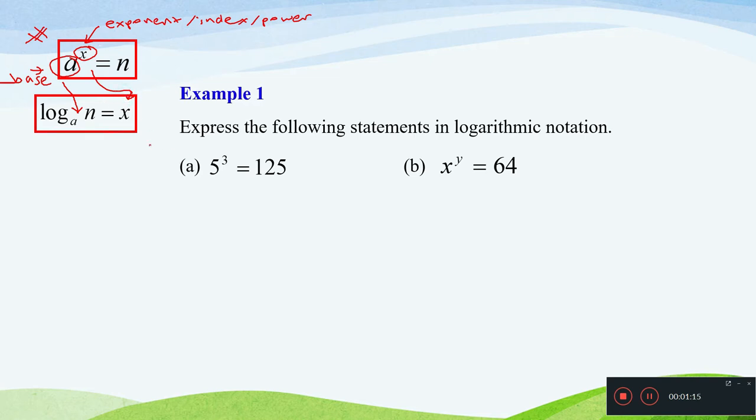Example 1a. 5 to the power 3 equals 125. Change it to logarithmic notation.